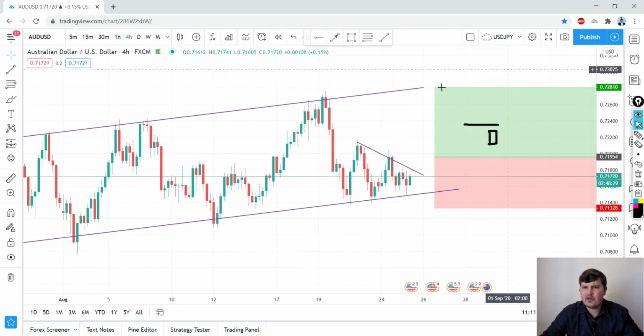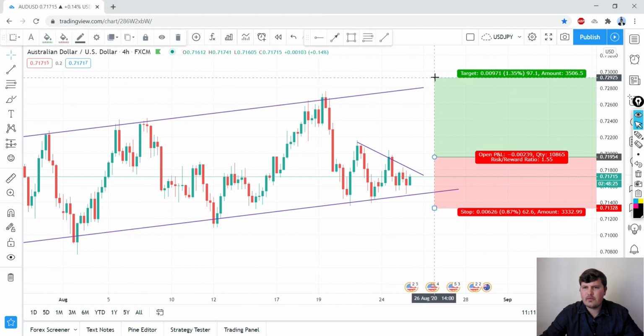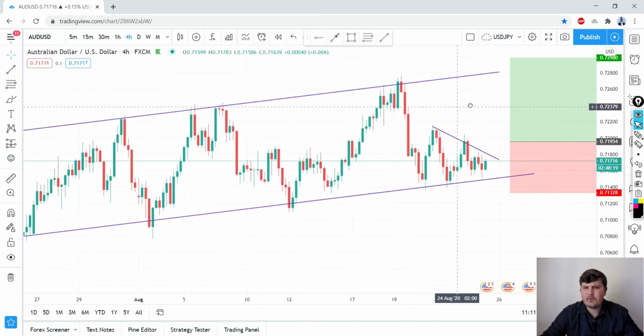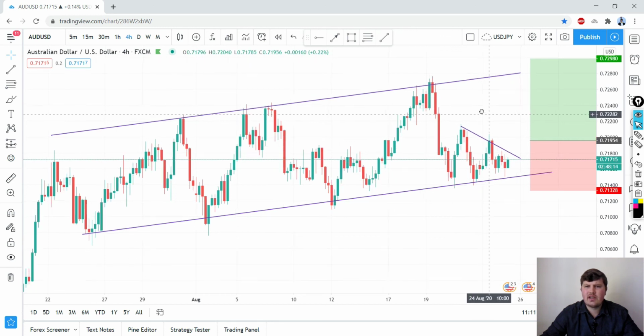And you can even target this 0.73 psychological level, also a very good psychological level to target. So that is the outlook on some of the forex pairs that I'm looking at.